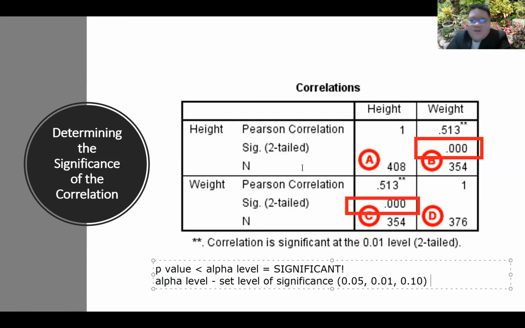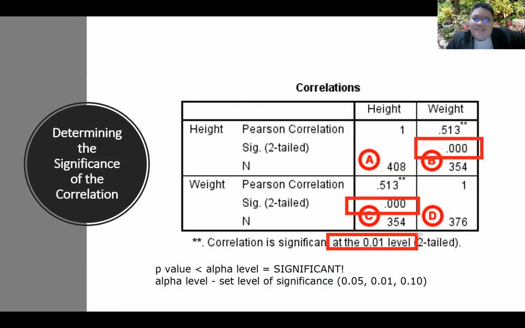Why margin of error? Because 0.05 is 5% error, 0.01 is 1% error, and 0.10 is 10% error. The most common one used in social sciences is 0.05. But in this case, class, the set level of significance for this one is 0.01.